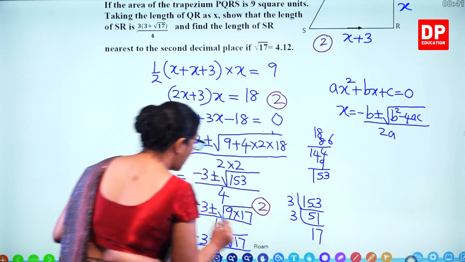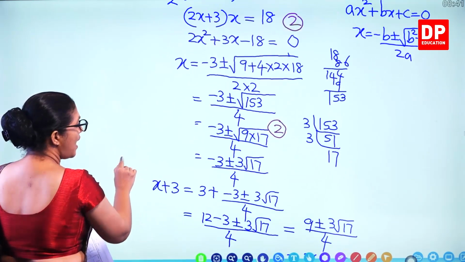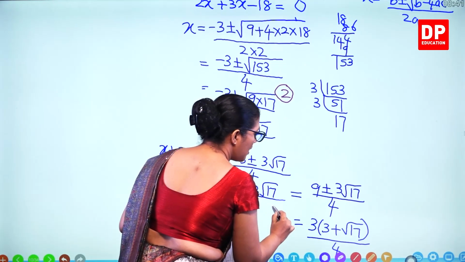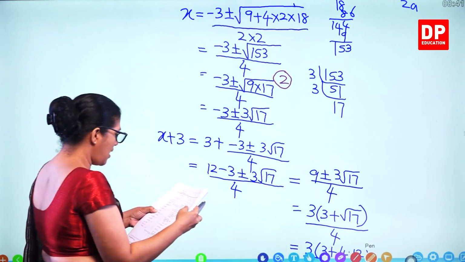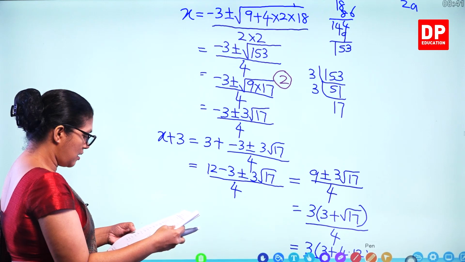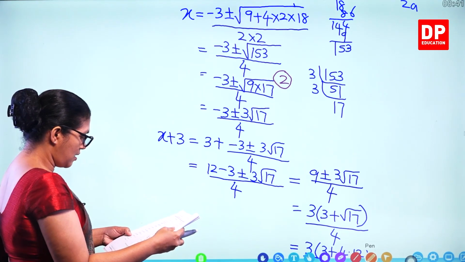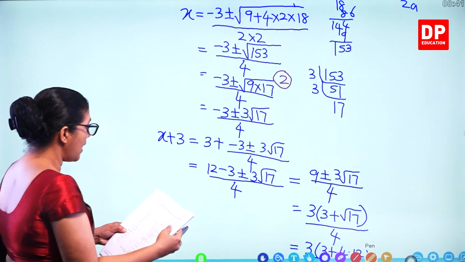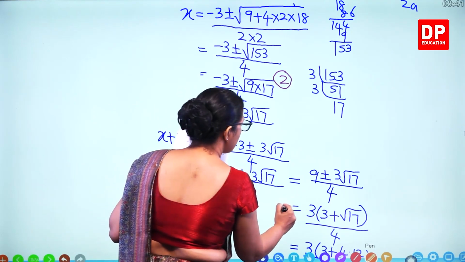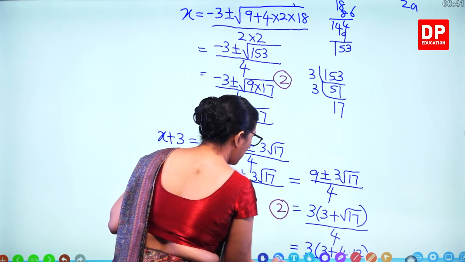And then finding SR, that means adding 3 and getting the answer in terms of root 17, 2 marks again.